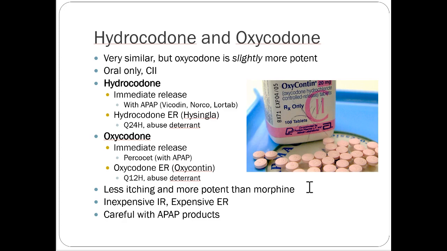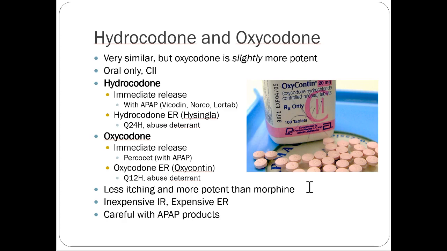Hydrocodone isn't usually used on its own. It's almost always combined with acetaminophen, with the exception of this Hysingla product, which is a new 24-hour extended release hydrocodone, which has supposedly some sort of a tablet formulation that prevents people from crushing it. But as I always say, where there's a will, there's a way. And if somebody wants to abuse this drug, they will certainly figure out a way to do so.